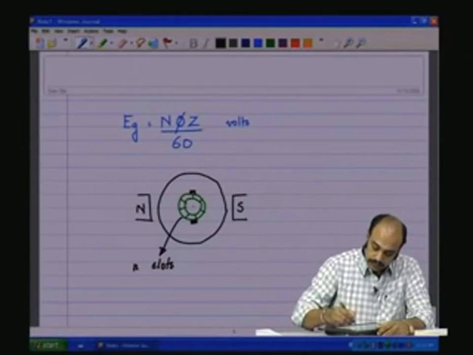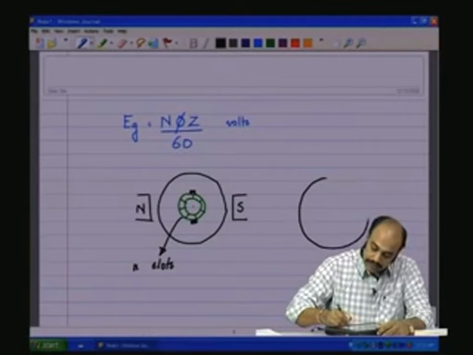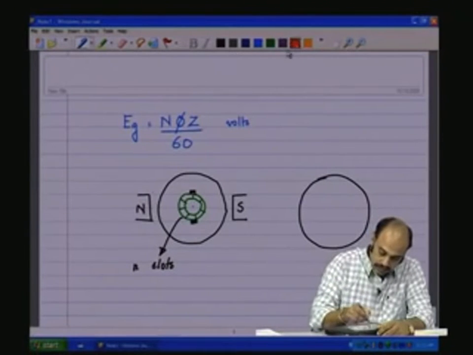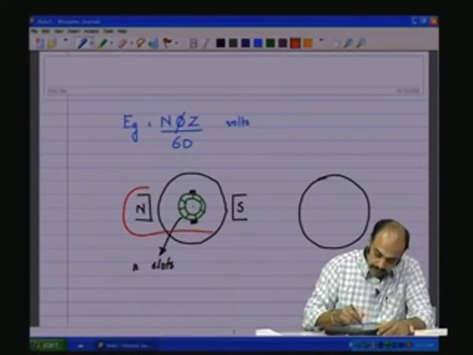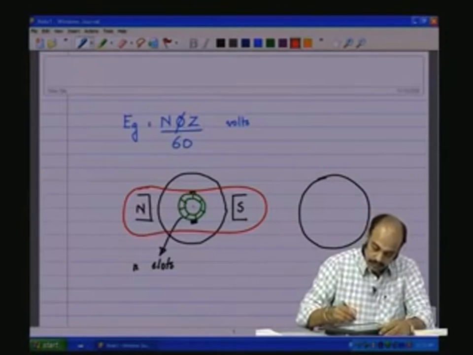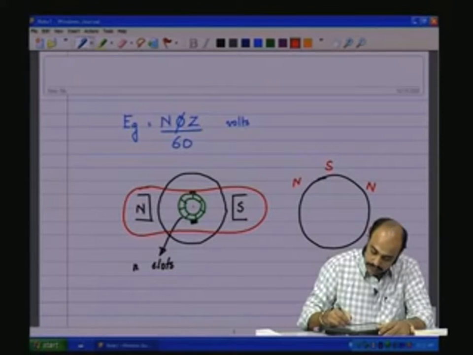Now we could have multiple pole pairs. We see that here you have one pole pair, one north-south pole pair. Let us say we place the pole pairs north, south, north, south, north, south.